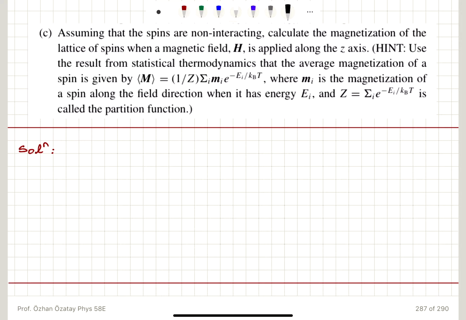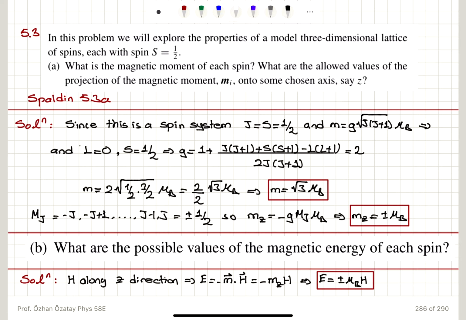Okay, so the partition function Z is basically the sum of all possible e to the minus E_i over k_B T values, and we have two possibilities for the energy.